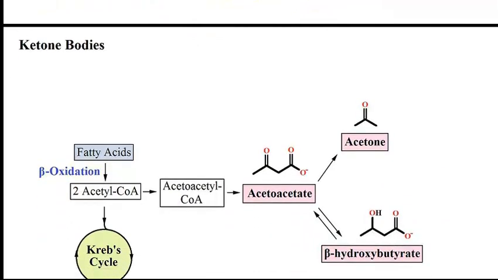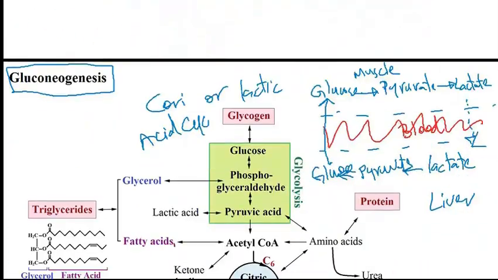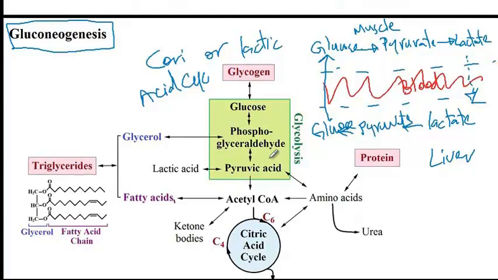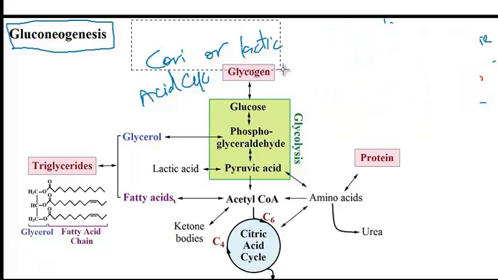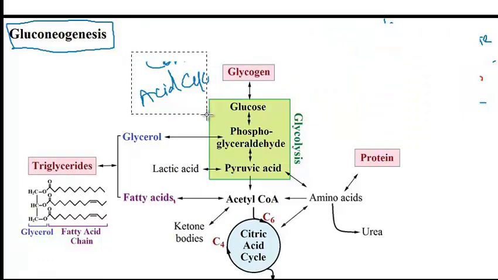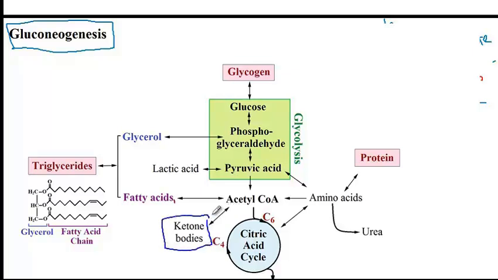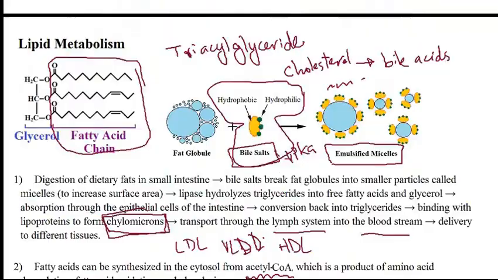Alright, next we have ketone bodies. So acetyl coenzyme A can also be used for production of ketones. And here again, this extremely high yield image diagram that I have for you. Let me get rid of all the written stuff here. So there you go. You can see that acetyl coenzyme A can also be converted into ketone bodies, and that's what we're discussing next.